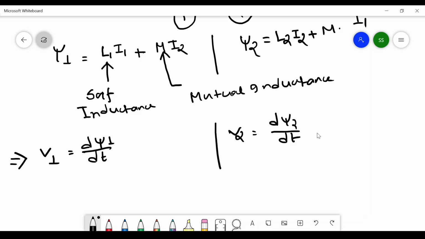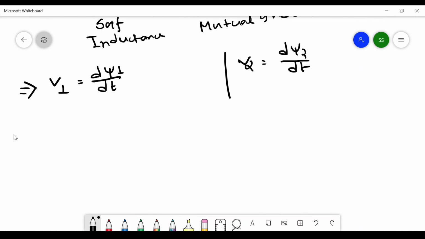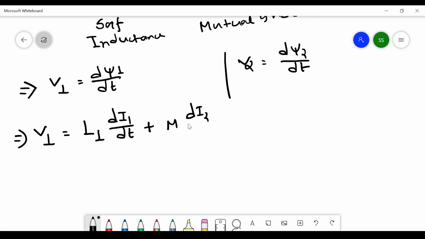Expressing it in terms of inductance and current, it becomes V1 equals L1 di1/dt plus M d/dt of I2.